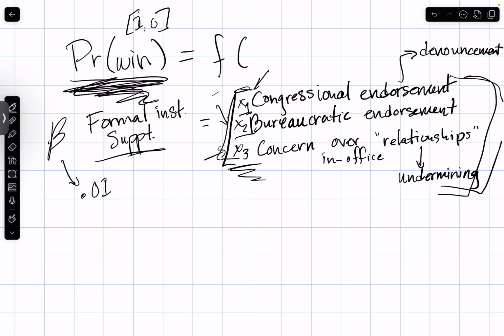If we go from 1, meaning this thing fully explains the outcome of the election, to 0, meaning this thing is not relevant at all for the outcome of the election, then from the perspective of Donald Trump, this is a pretty low coefficient. It has a low level of relevance.